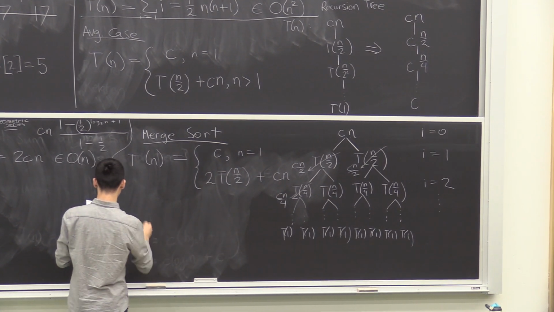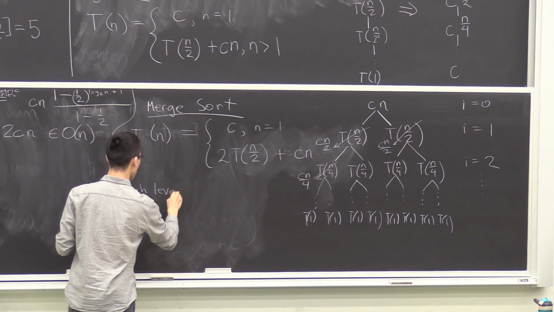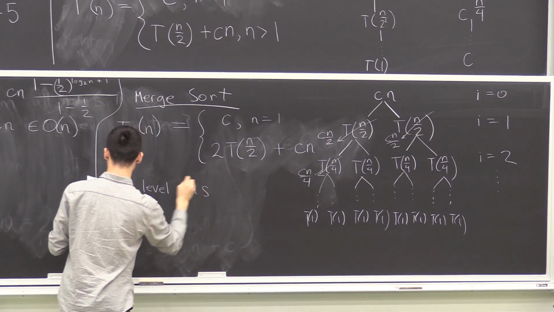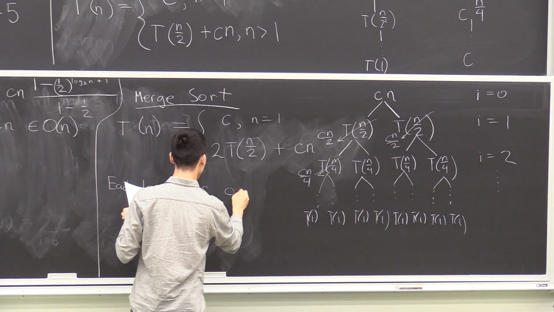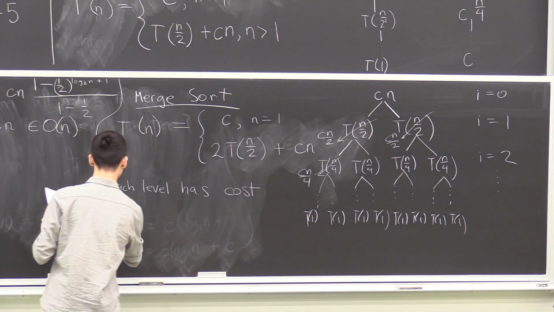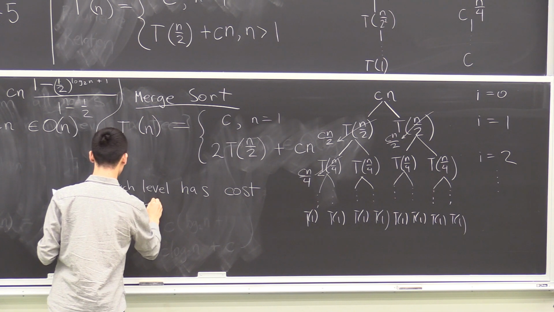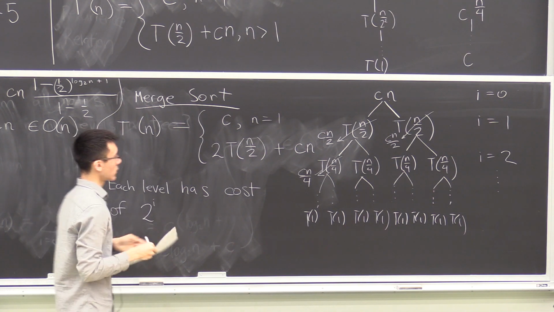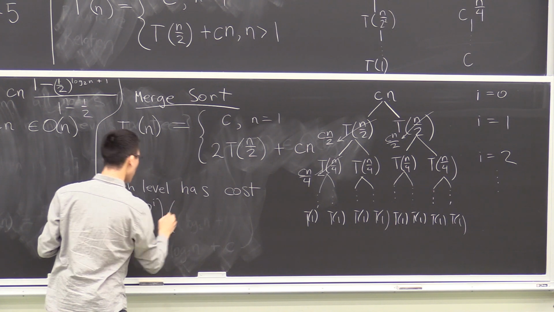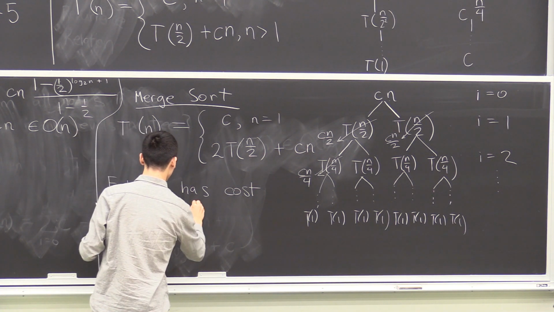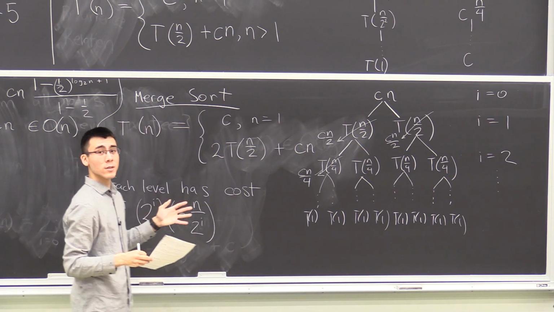So what we have is that each level has a cost of 2 to the i, the number of nodes at the level, times C times n over 2 to the i for the cost of each node.